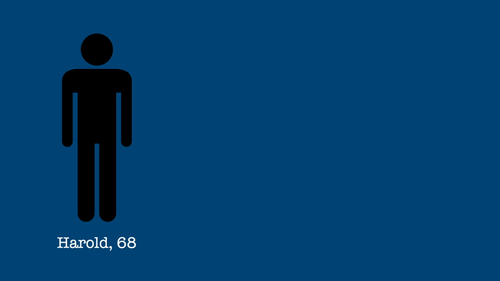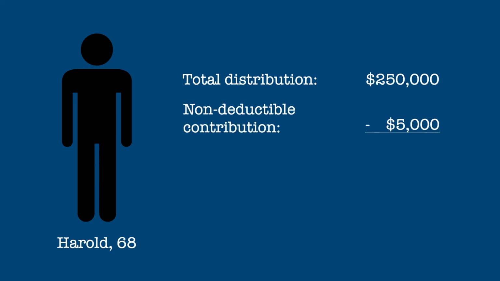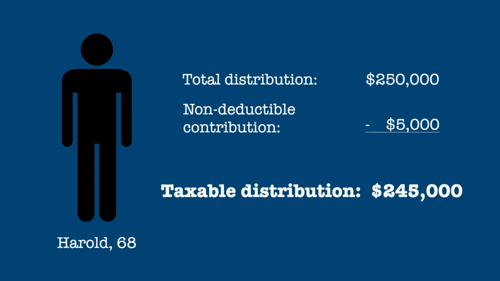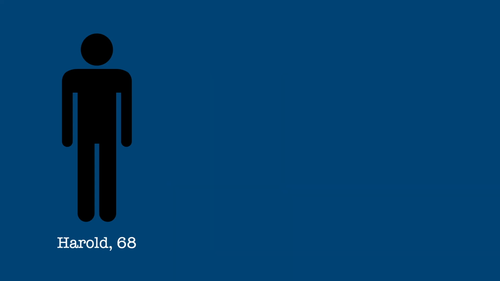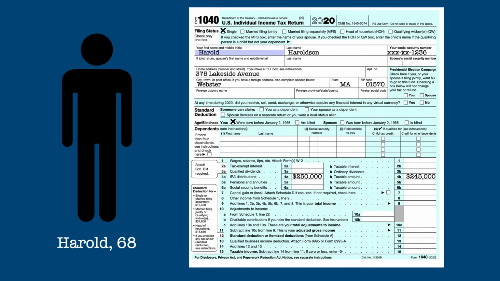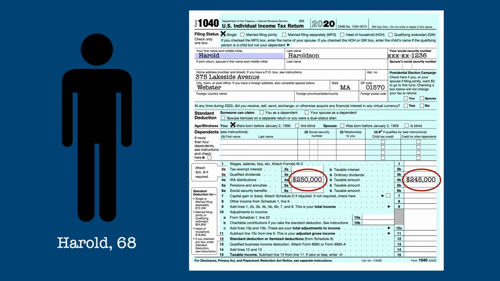To determine the taxable amount of the distribution, the $5,000 non-deductible contribution, which is called the basis, needs to be subtracted from the total distribution. Otherwise, Harold would be paying tax on the $5,000 twice. This yields a taxable amount of $245,000. The total amount of the distribution is reported on line 4A of Form 1040, and the taxable amount of $245,000 is reported on line 4B.